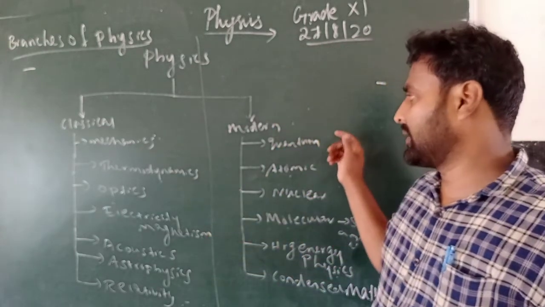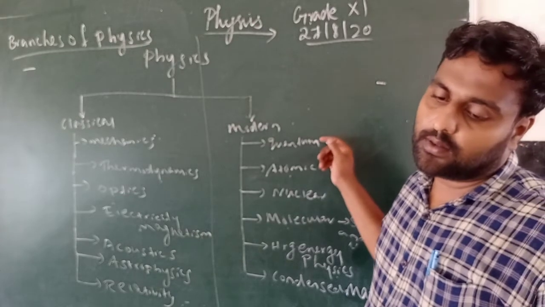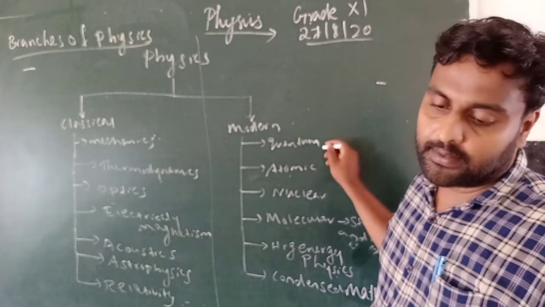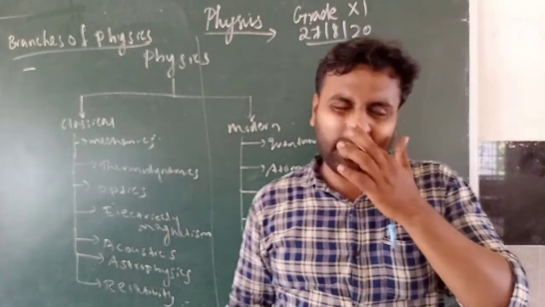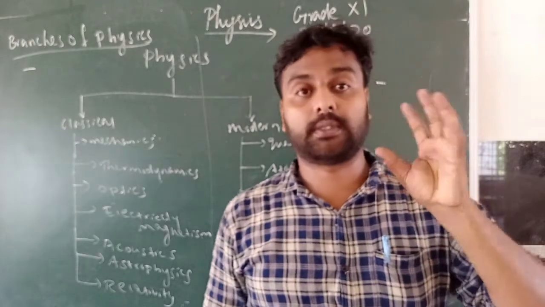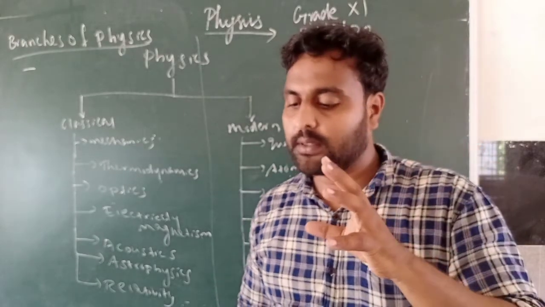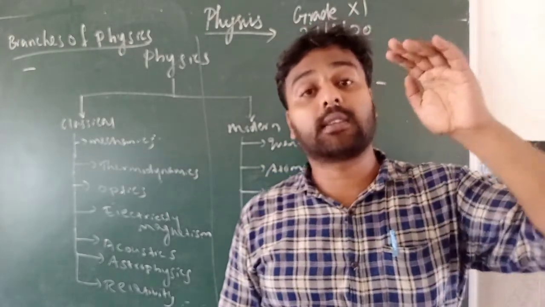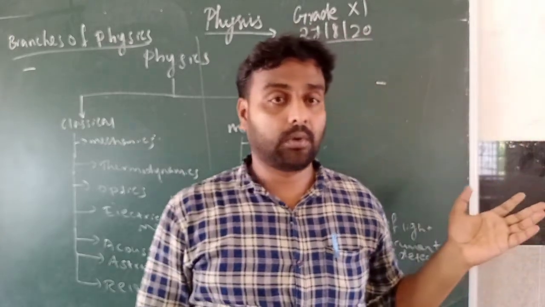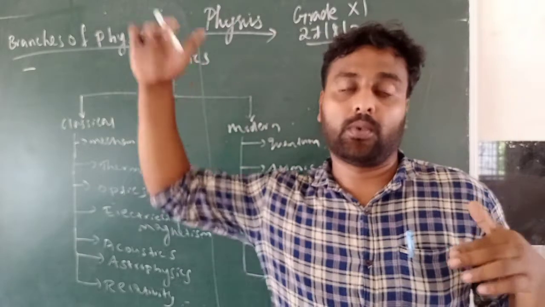Then, modern physics. Here, first one is quantum mechanics. Quantum mechanics means we are studying about atoms, and the energy transmission from the atoms. It is beyond our textbook because we use quantum mechanics for higher level studies.